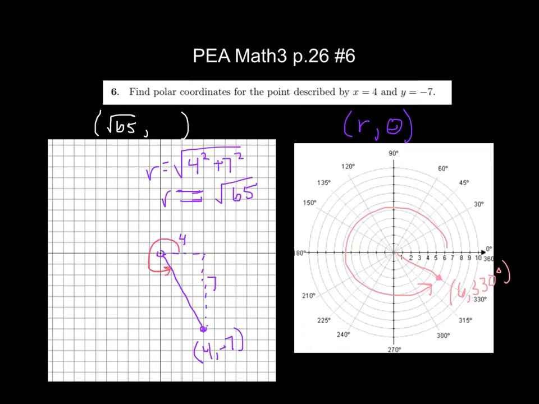Well, that angle is a little hard to find, but we can find this angle from the positive x-axis down by using our arctangent function, or inverse tan. So we can do arctan of opposite over adjacent, so 7/4, and that'll give us our blue angle right there.